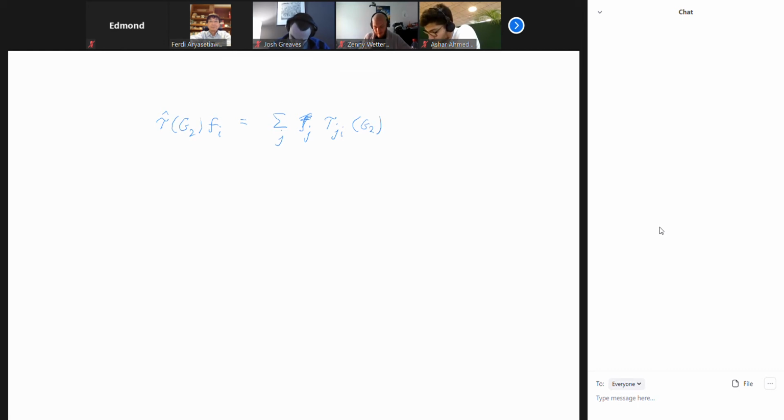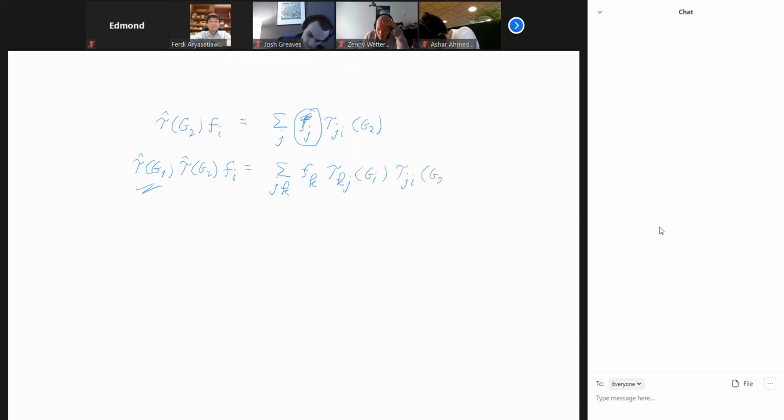And now I apply again with T of g1, so that's why I call it g2, because I want to apply g1. So then this becomes the sum over j, and call it k then, so then I have f_k. Now I'm applying this T_g1 on the f_j, so that becomes f_k T_kj(g1) T_ji(g2). So it's g1 here.